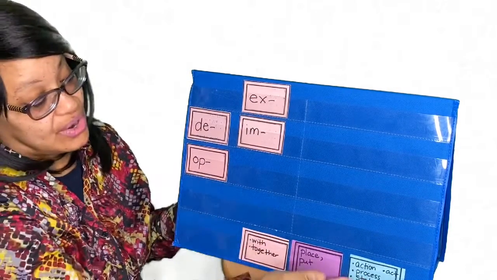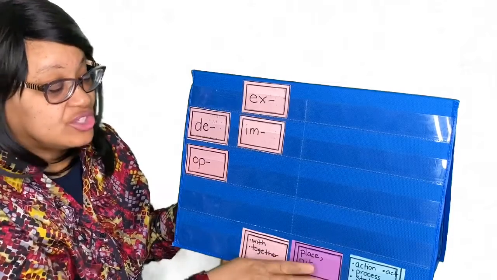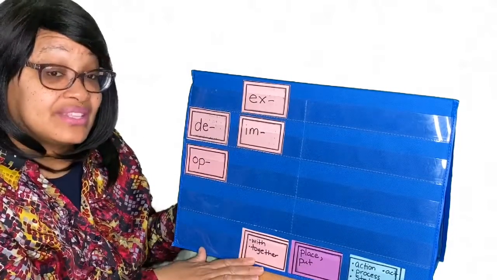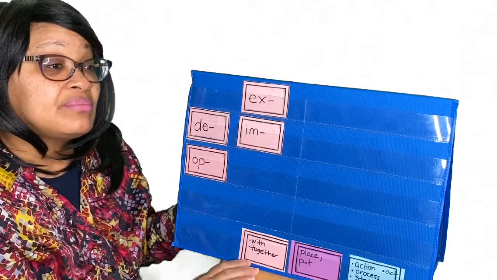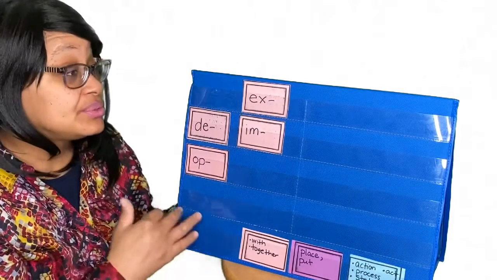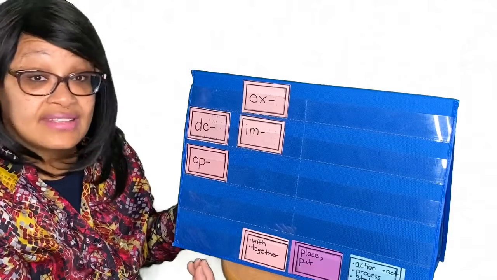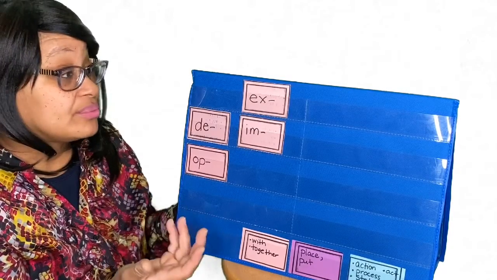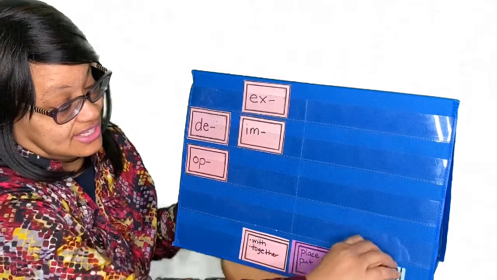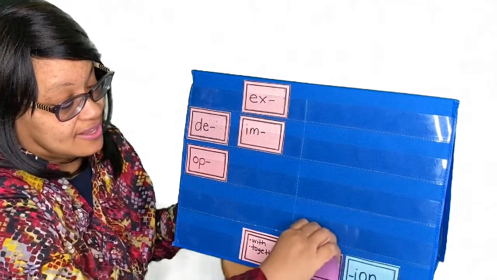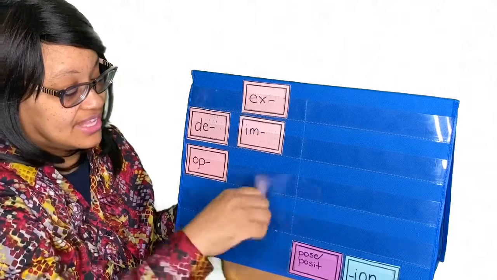You are in the process or action of placing or putting something together. And in this case, when you compose something, it could be music. You can compose an essay or some type of artifact. So composition, the action or process of placing something together.